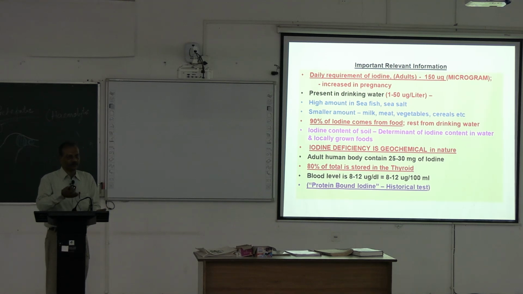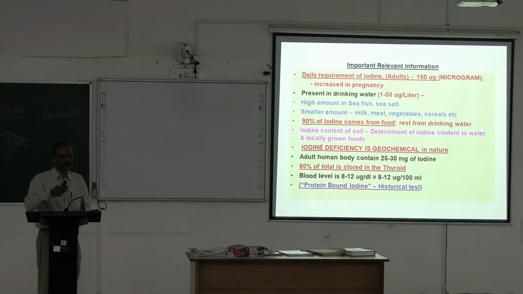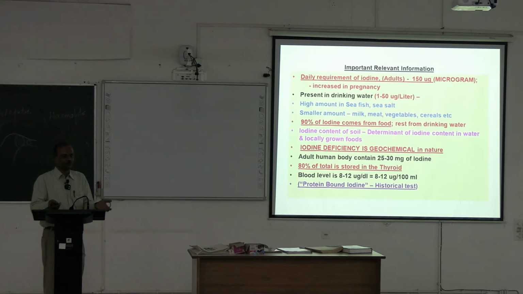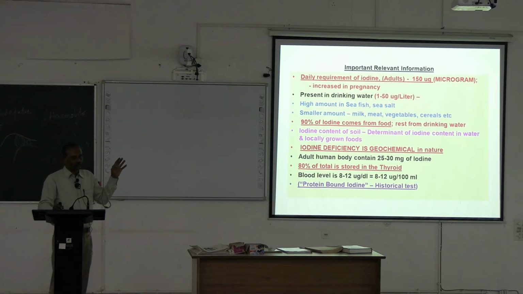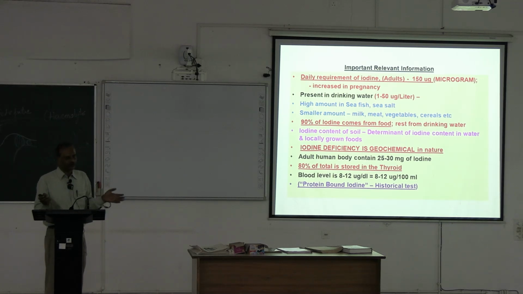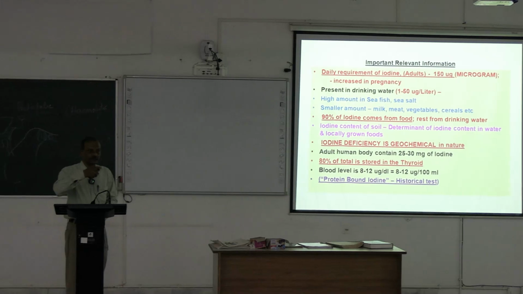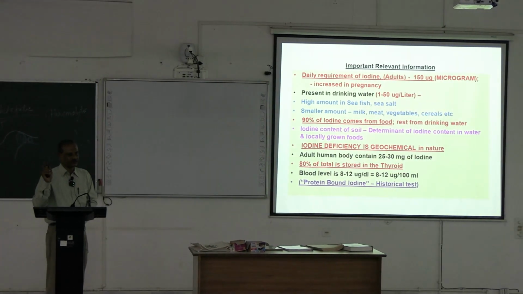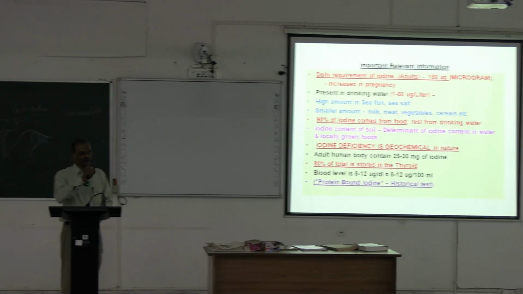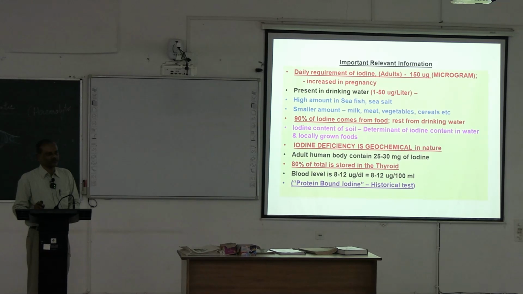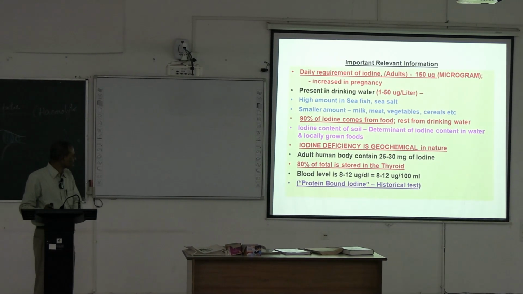Even the animals graze on those fields and they get iodine from those vegetables. So basically from the rest, 10% of iodine we get from the foods. Whatever we take, normally there is no iodine deficiency unless there is a geochemical deficiency. And these areas, West Bengal area, are not geochemically deficient in iodine.